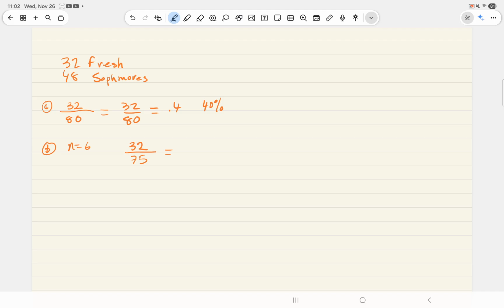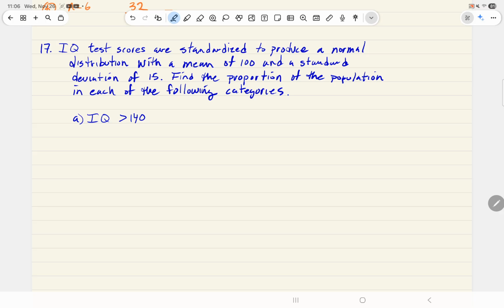Let me write out question 17 so we're all looking at the same thing. Okay, so IQ test scores are standardized to produce a normal distribution with a mean of 100 and a standard deviation of 15. Find the proportion of the population in each of the following categories.